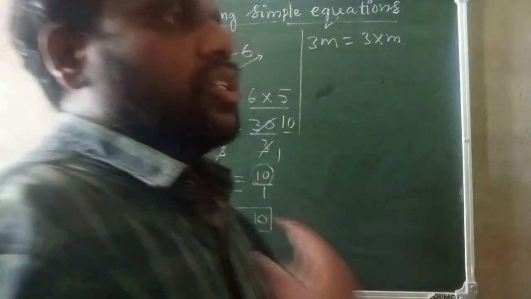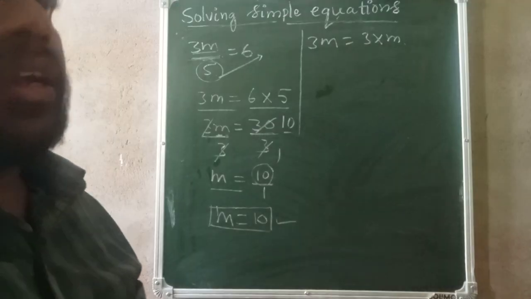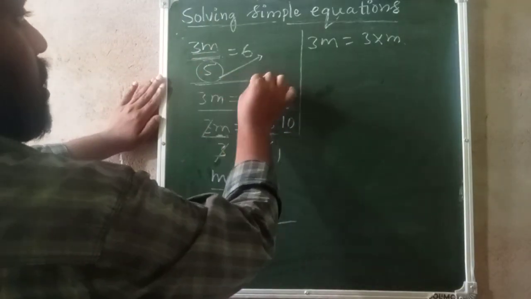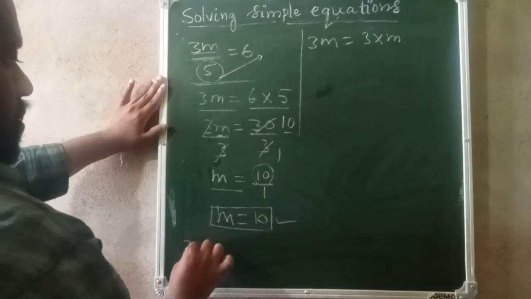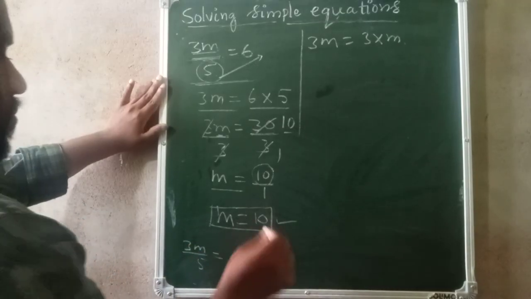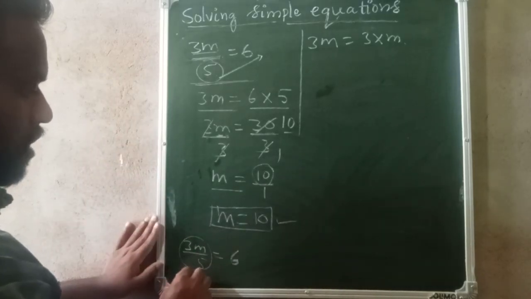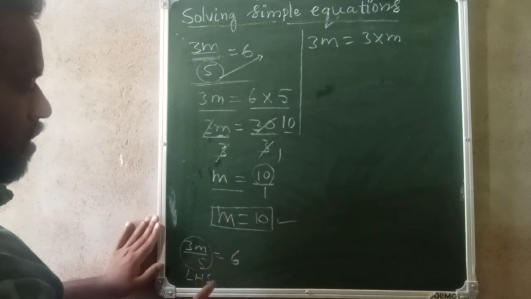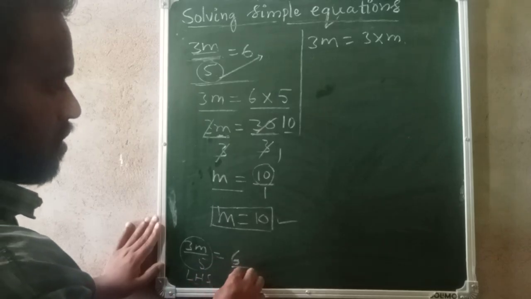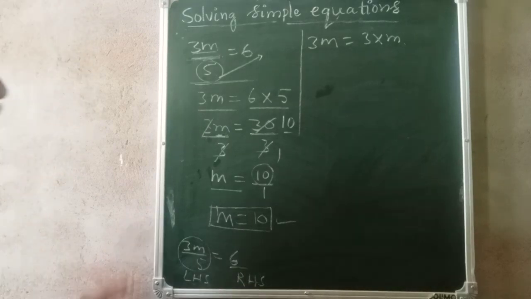Now we will check whether this answer m is equal to 10 is correct or not. For that, whatever the given equation is, write it here. Given equation is 3m by 5 is equal to 6. So this is LHS, left hand side. After the equal sign, whatever is there, that is RHS, right hand side.